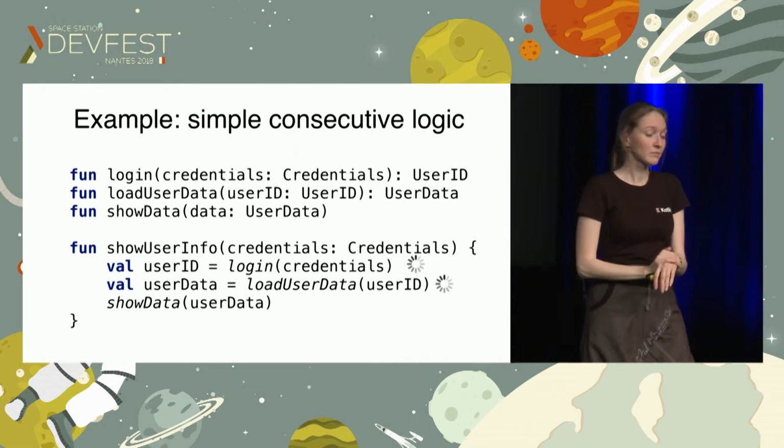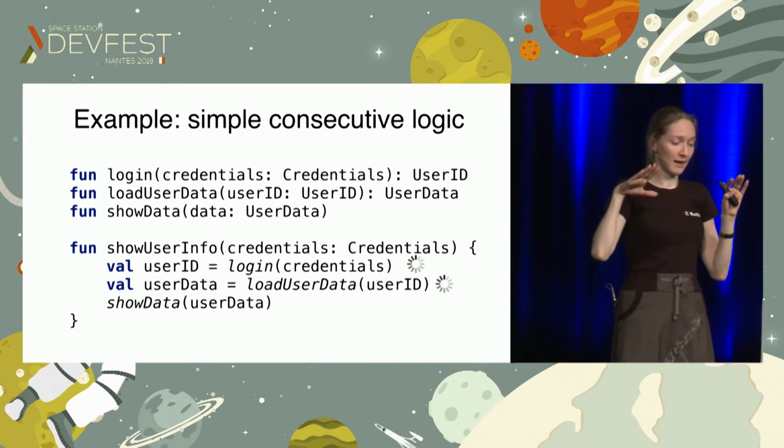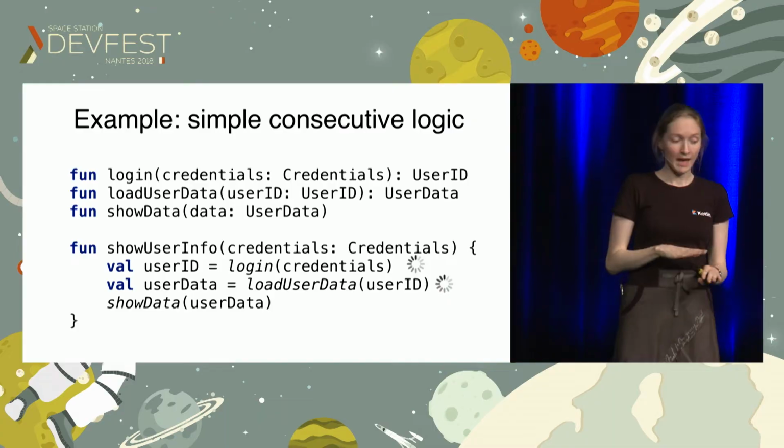An example. Here we have a simple consecutive logic. First, we want to log in our user to get some user ID, then we load some data using this user ID, and in the end we show the data.